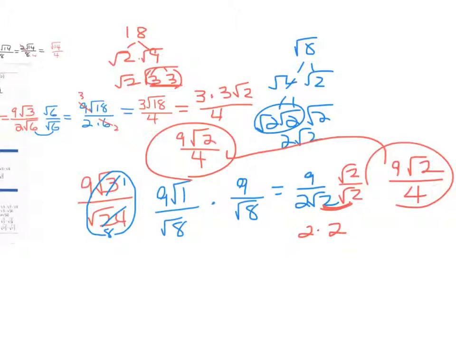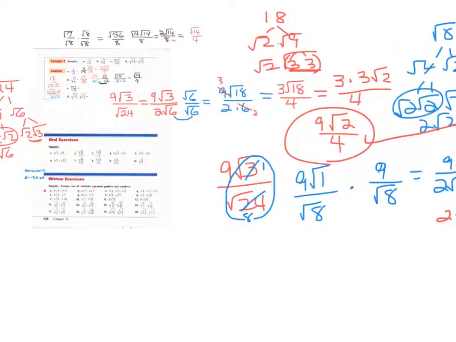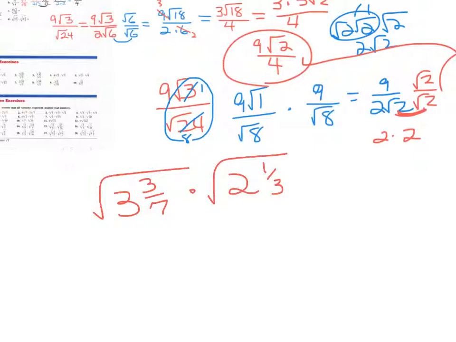Okay, next one, we have some mixed numbers here. Let me go ahead and do it over here. So I have 3 3/7 times 2 1/3. Now, if you remember back from 4th and 5th grade, when you multiply mixed numbers, you need to make them improper first.